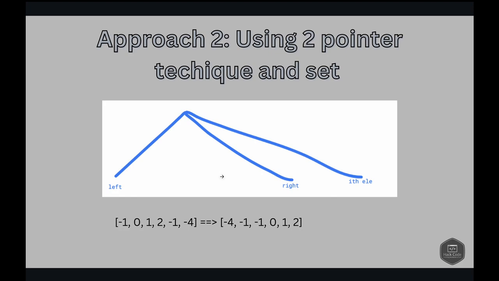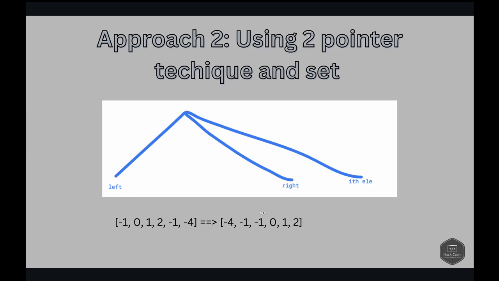But we carefully adjust these pointers, and then we check if the sum is equal to 0. We fix the ith element at the end of the array, and we keep these pointers moving. These are variable pointers for a given loop, and if these three sum to 0, then we found a valid set of result.